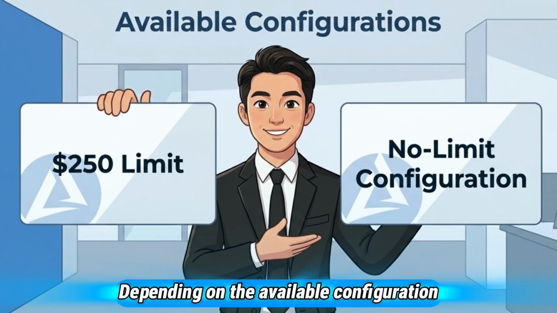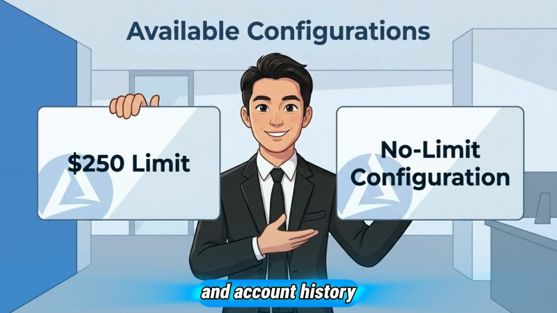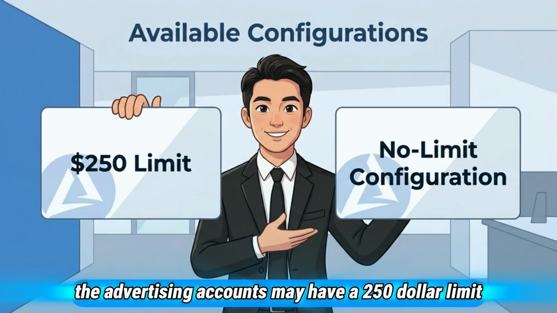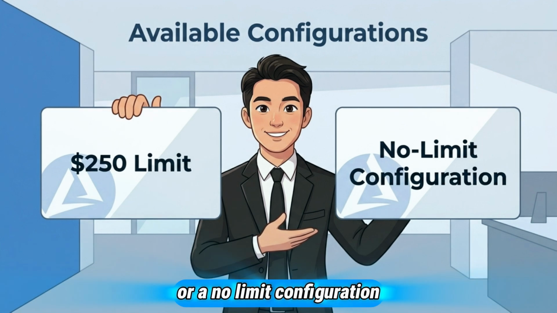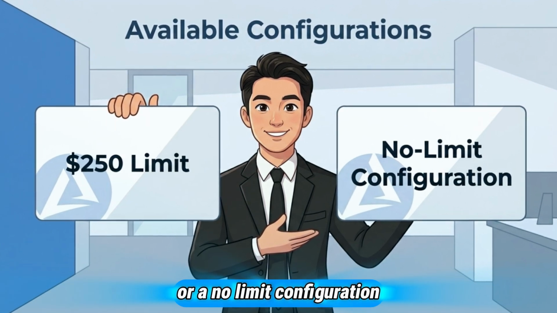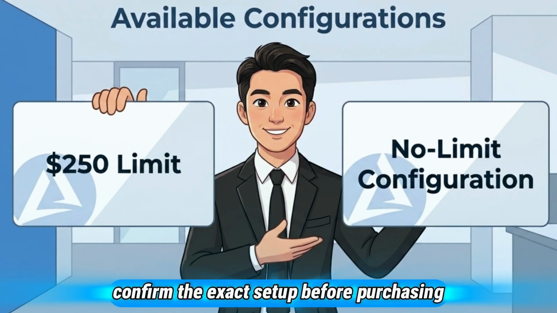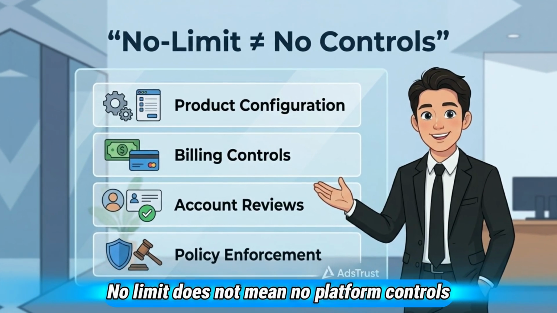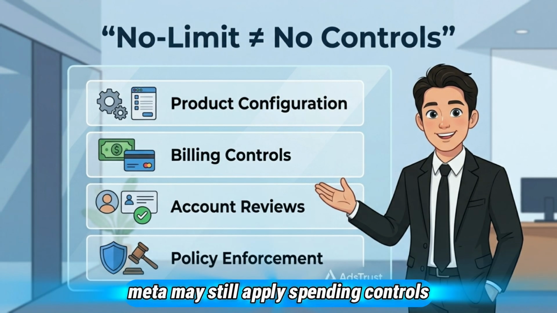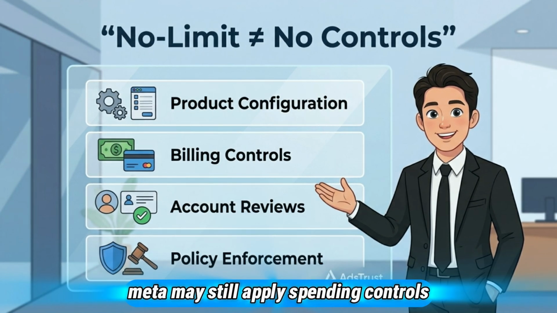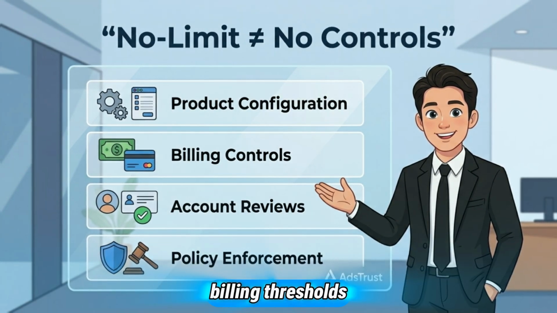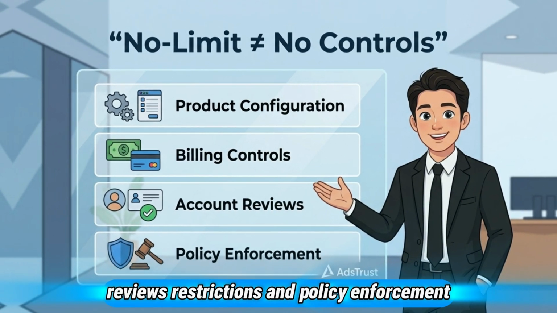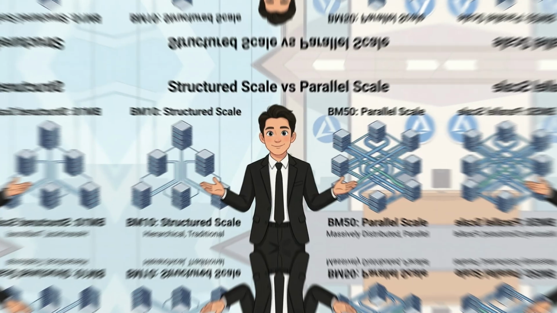Depending on the available configuration and account history, the advertising accounts may have a $250 limit or a no-limit configuration. Confirm the exact setup before purchasing. No limit does not mean no platform controls. Meta may still apply spending controls, billing thresholds, reviews, restrictions, and policy enforcement.